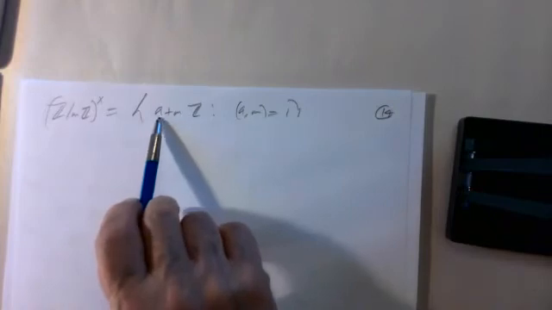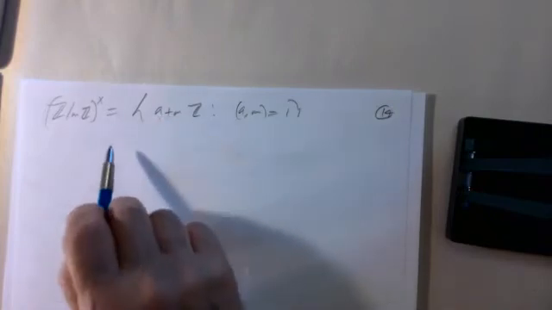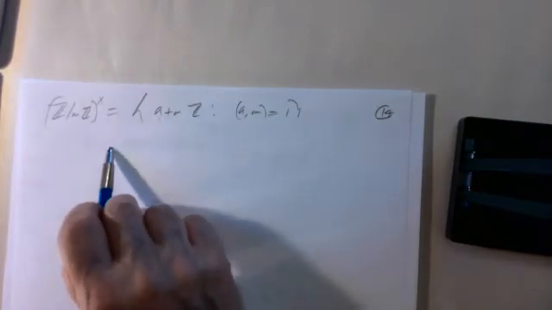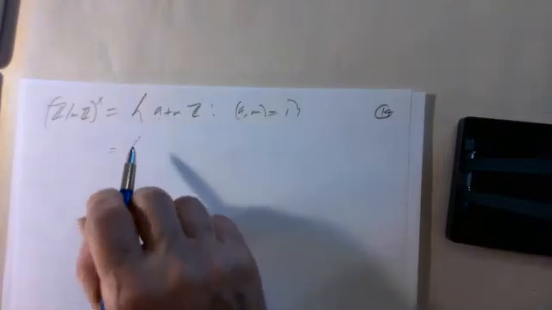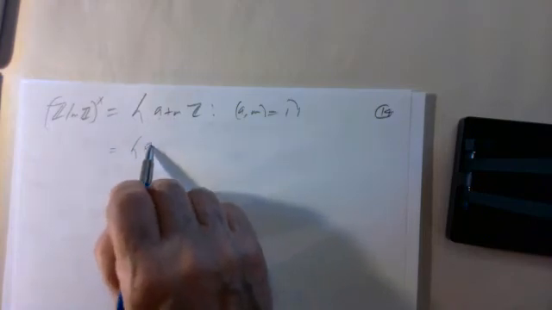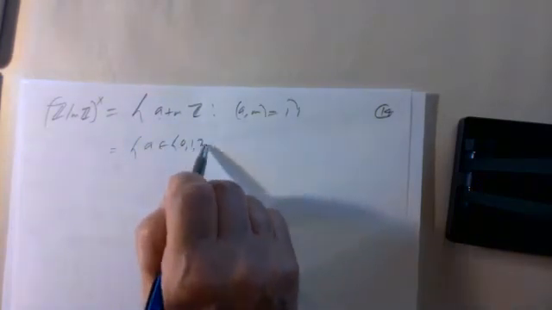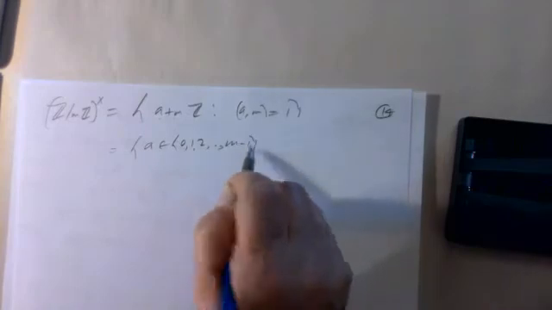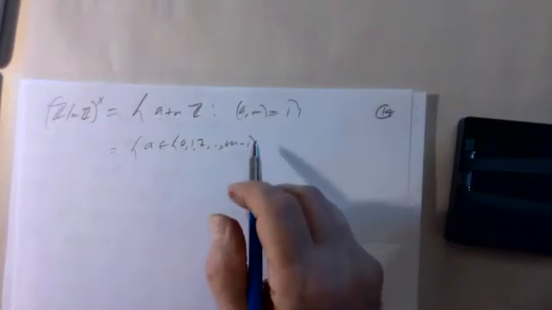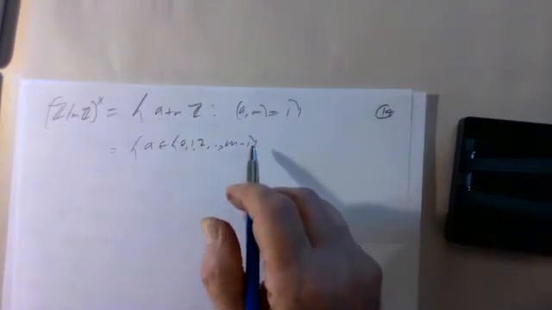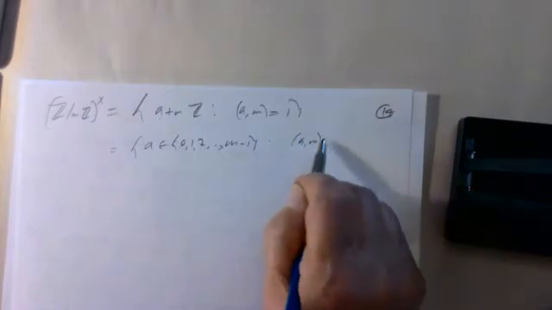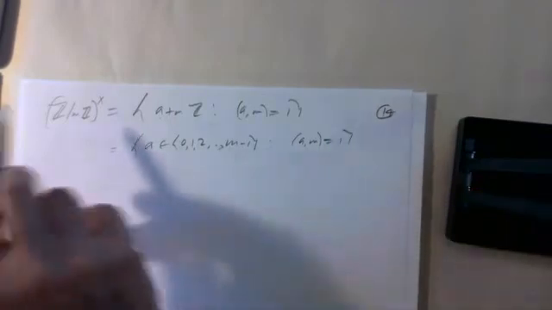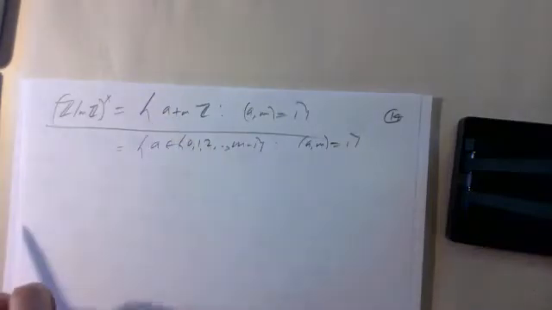And we can choose for our representatives of the congruence classes just the integers from 0 to M minus 1. So this is all integers A from 0 up to M minus 1. So this is what the group of units is.